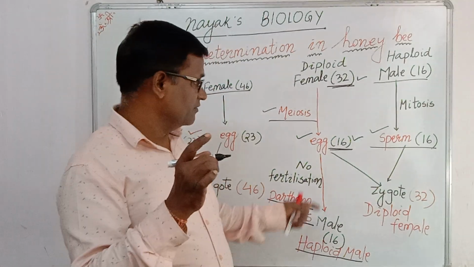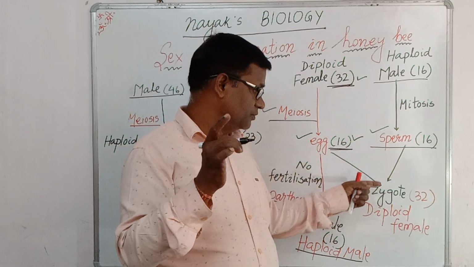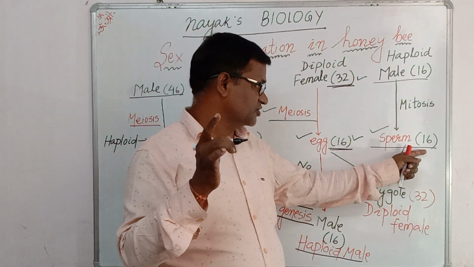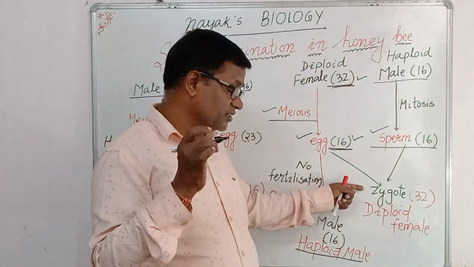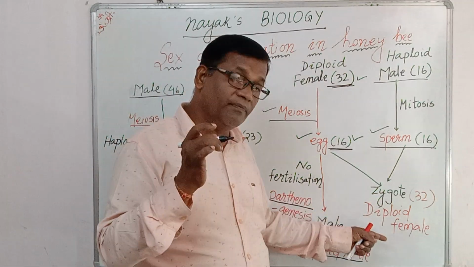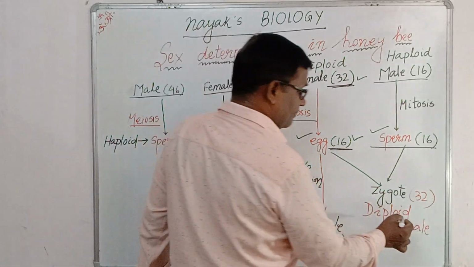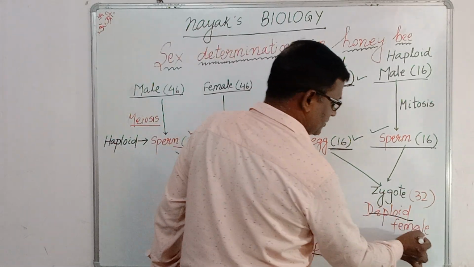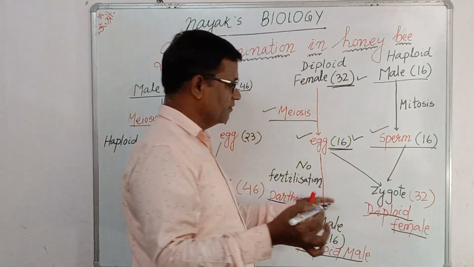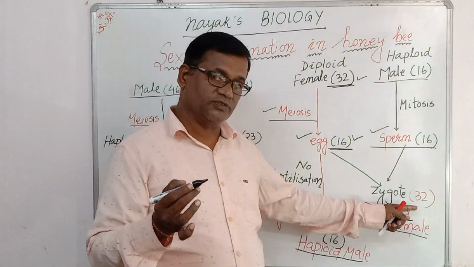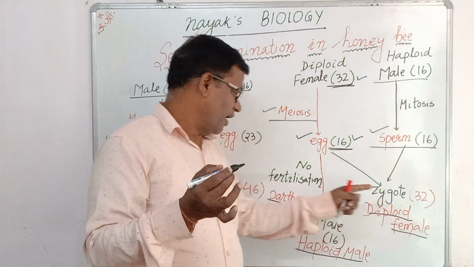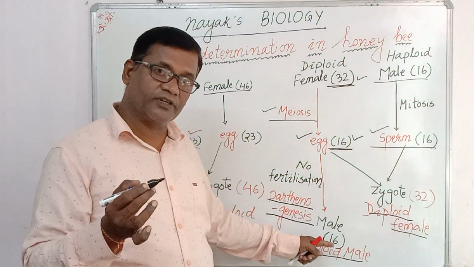After that, the egg and the sperm fuse. That means 16 and 16, it is 32. The zygote is formed, and this zygote is a diploid female. This is very important in this concept. The diploid female has 32 chromosomes, whereas the male has the haploid number.